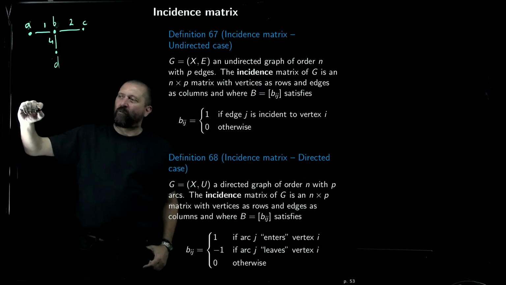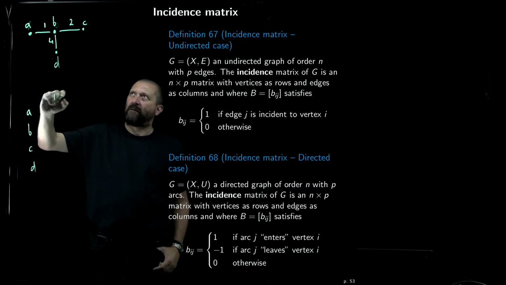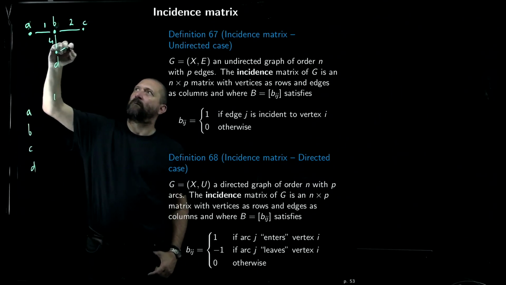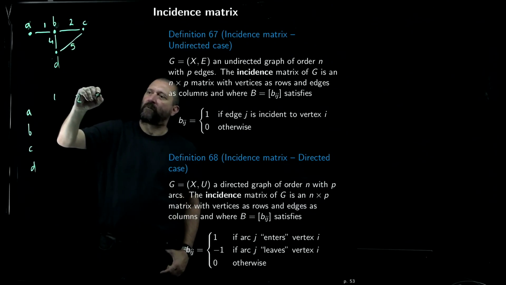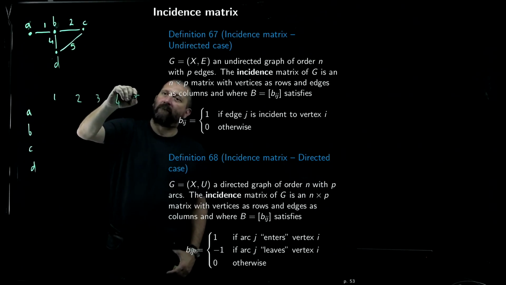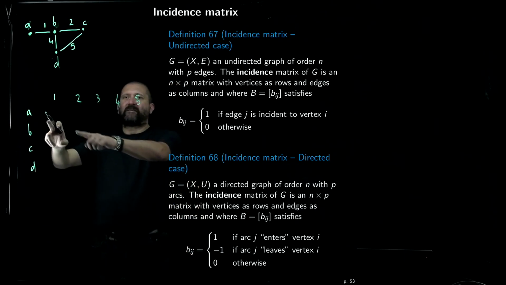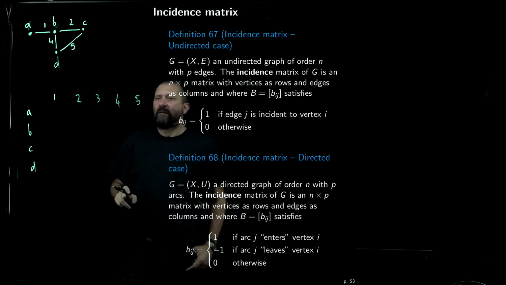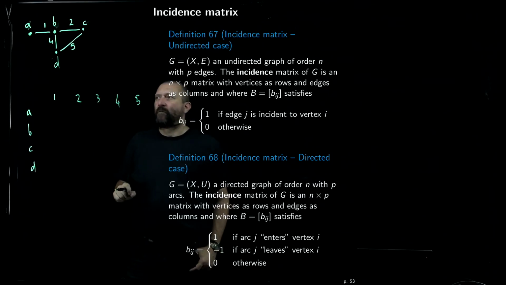Then the matrix would be a matrix that has A, B, C, D as the rows, and 1, 2, 3, 4, 5 as columns, and in which there would be a 1 if the edge is incident to the vertex.